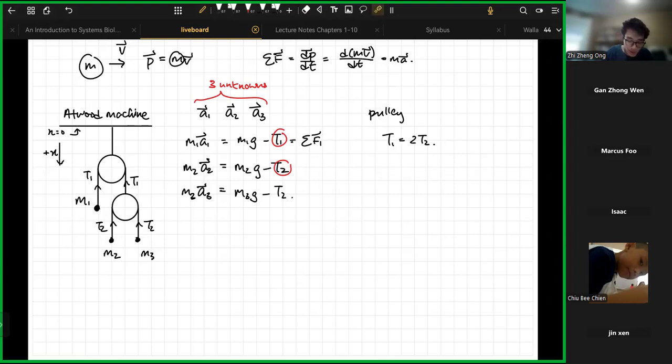For the first approach, you will realize that if you displace m1 by x, if you push m1 downwards by x, then T2 and T3 also go up, right? T2 and T3 go up.